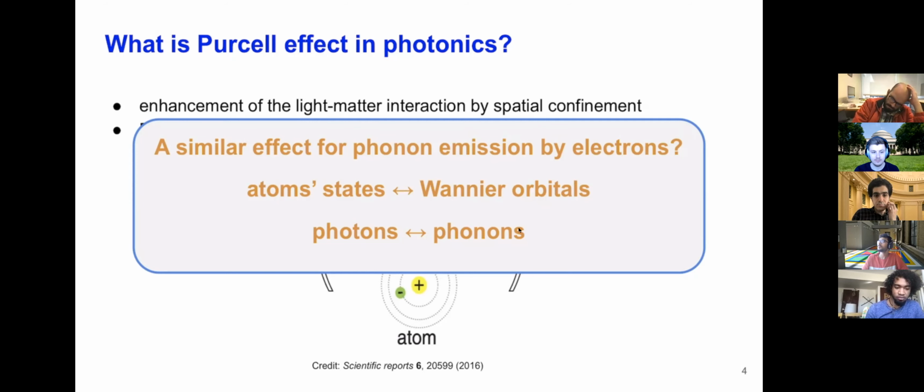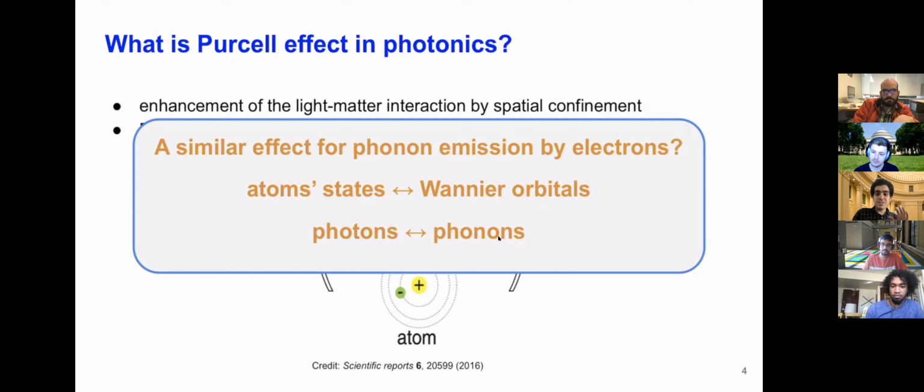Right now, in the analogy that we made, you can ask, but this is not an exact analogy, because there we had the photons being confined, but here phonons are not confined with the Wannier orbitals. So what am I talking about?